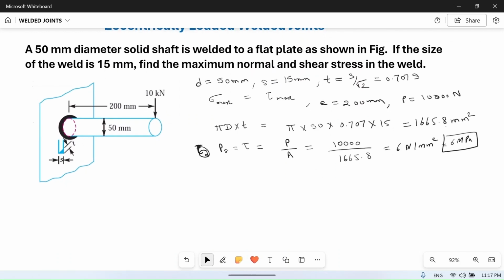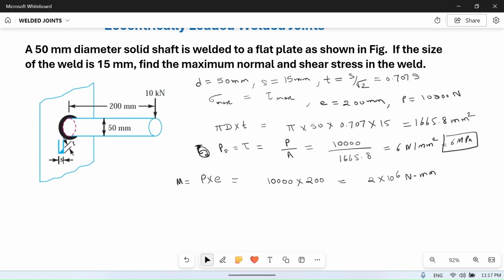Now how much bending moment is applied at this joint? The bending moment M is equal to load into eccentricity, so 10,000 Newton into 200 mm, which is 2 into 10 to the power 6 Newton mm.